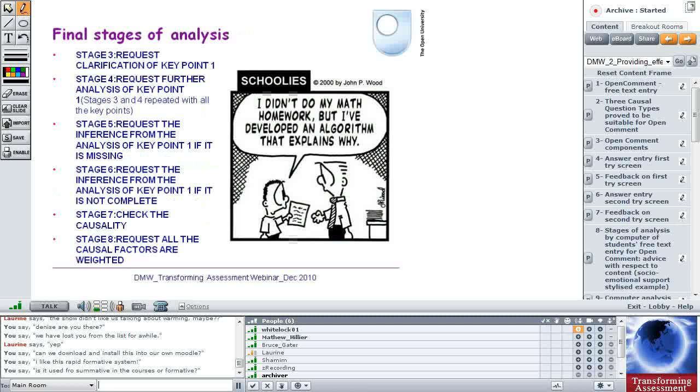And then in the final stage of the analysis, we are looking at the clarification of points, requesting further analysis, requesting inference, because often students fall down in that.